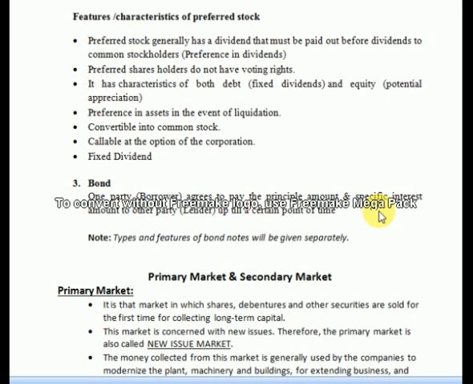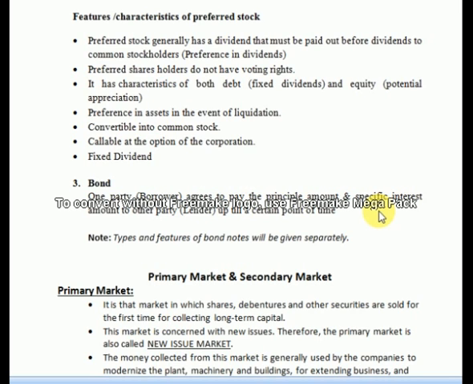It is a security in which companies give surety to investors that at a specific future period of time, I will return your capital amount plus an extra amount of fixed interest.